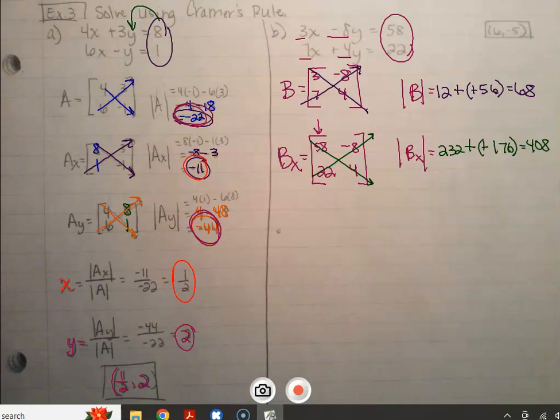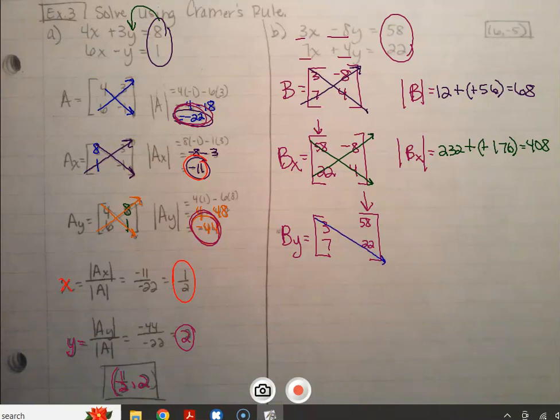And let's do our next one, B sub y. Okay, so I'm going to throw these numbers in here, and we're going to put our solutions in the y column, so 58 and 22, and we're going to put the 3 and the 7 back in the first column. Those are going to stay like we started with.